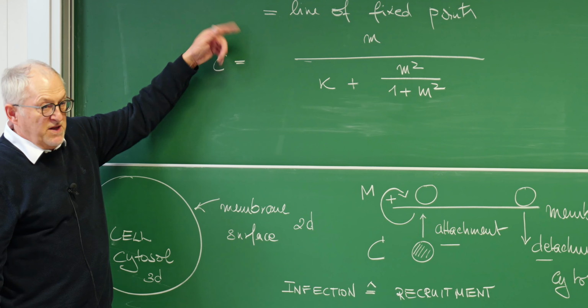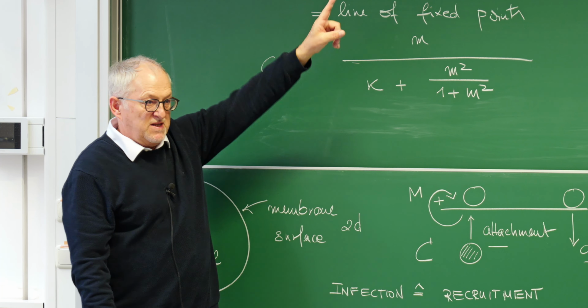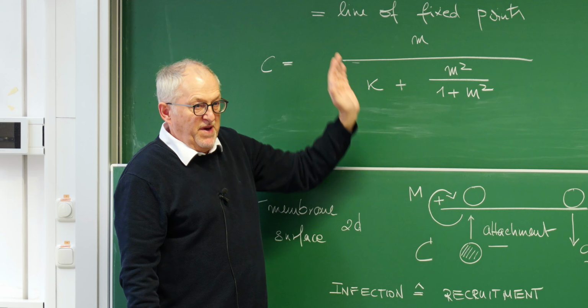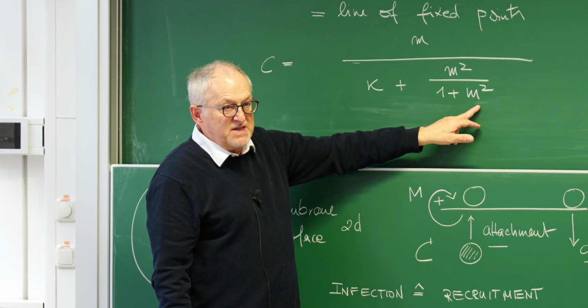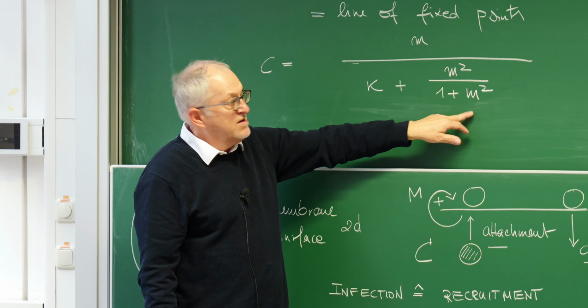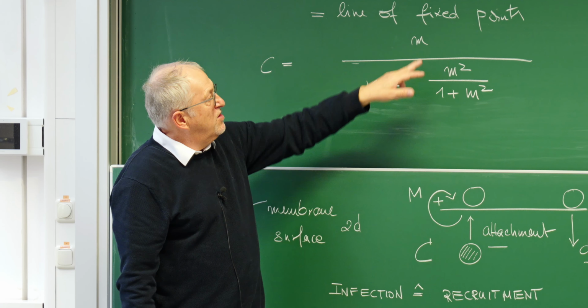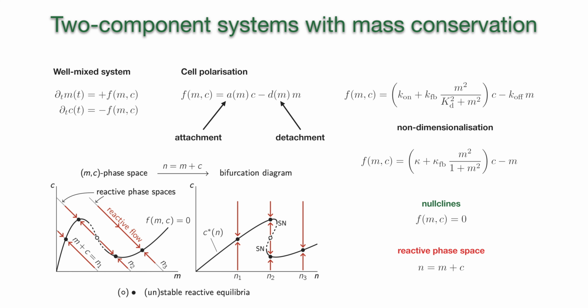And you see that this function has an n-shape. So at small m it starts linear, then this term kicks in, and that makes it go over a hump and down. But ultimately, if m is large, that term again is a constant. So you go over from m over kappa to a linear slope m over kappa plus 1. And that's what you see here.